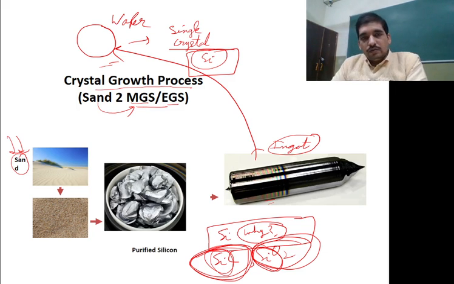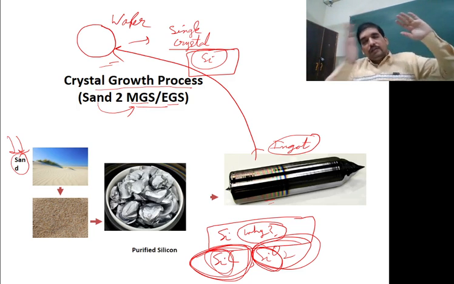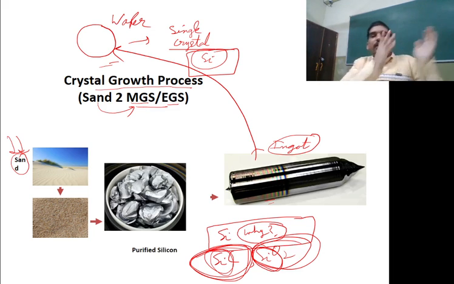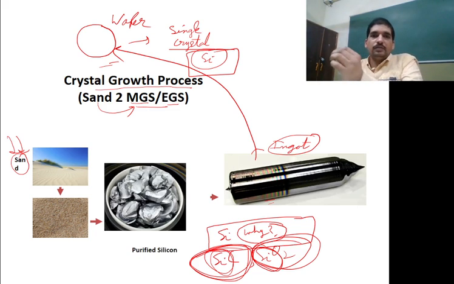I am only saying this so that you keep in mind what the original source is, what the basic raw material is from which you obtain it, that is sand, and other raw materials like wood chips, coal, etc., which contain Si inside.